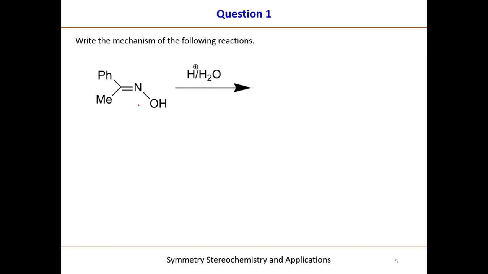An oxime is formed by treating an aldehyde or a ketone with hydroxylamine. So the formation we will not discuss here. I am going to discuss the mechanism for this rearrangement reaction.